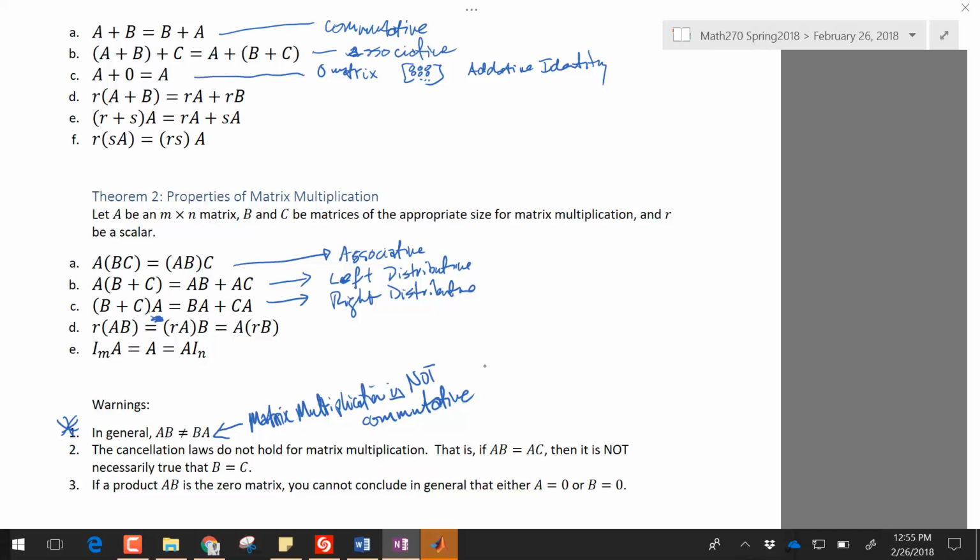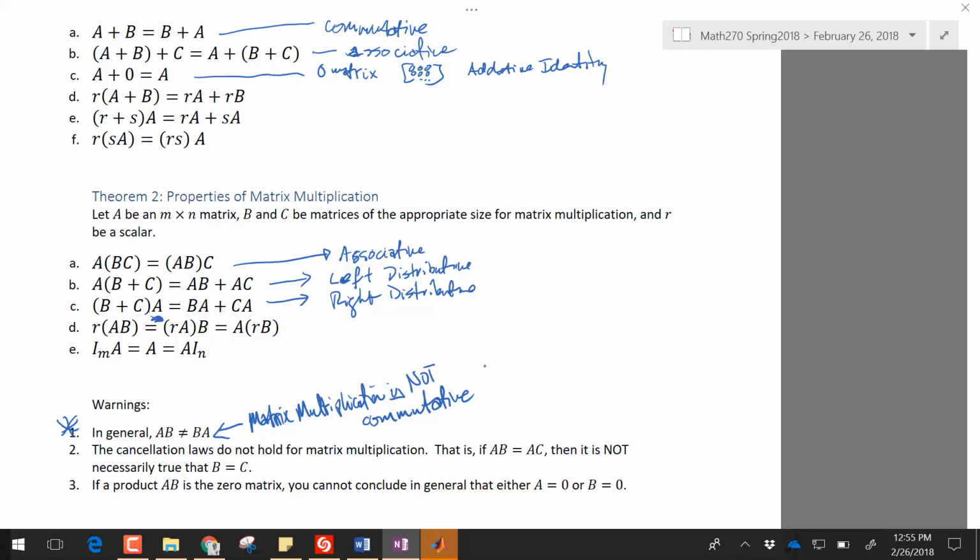We have another associative property with matrix multiplication involving a scalar. It's a weird property to describe because it's almost like distributing, but it's not really distributing.